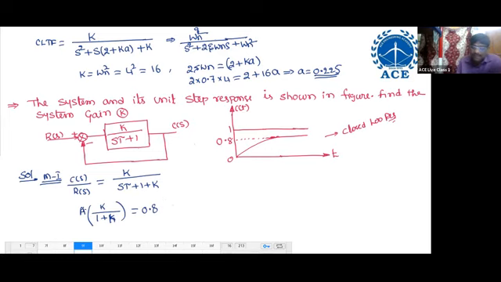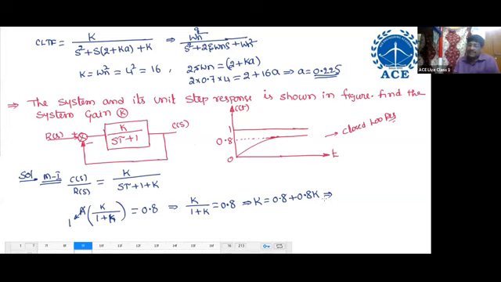A is 1, as mentioned, unit step. That means K by 1 plus K equals 0.8. That means K equals 0.8 plus 0.8K. Then solve it. 0.8K, if you bring this side, 0.2K equals 0.8.